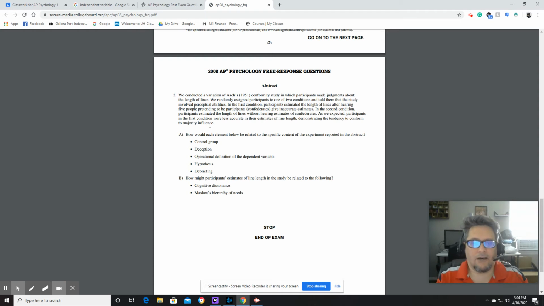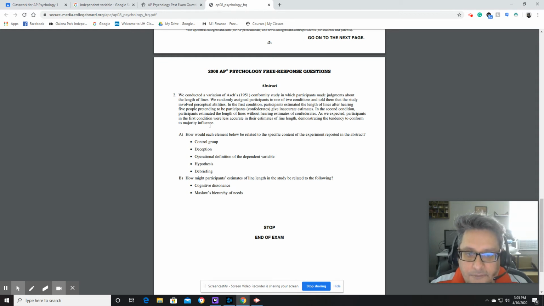All right, so how would each element below relate to specific content of the experiment reported in the abstract? All right, so control group. Control group is the group that is not exposed to the independent variable. So in this case, the group that does not hear the Confederates' answers.